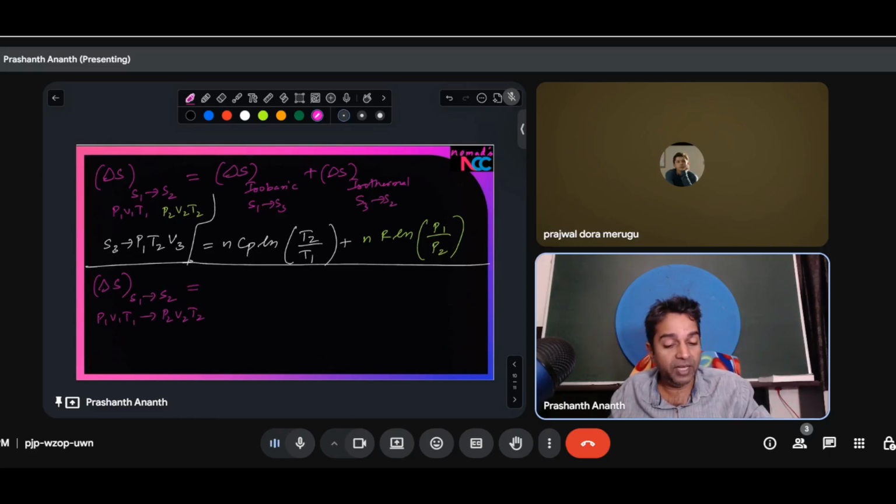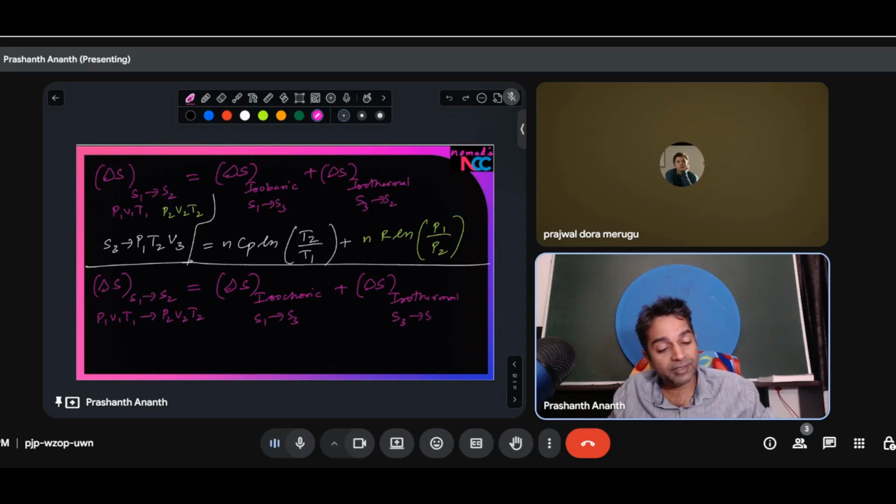But this time, instead of breaking it into isobaric and isothermal, I am going to break it into isochoric S1 to S3 plus isothermal S3 to S2. In this case, tell me what S3 state should be over here.